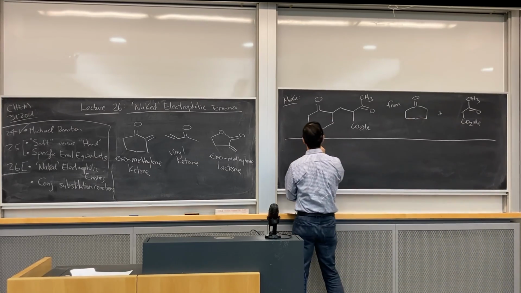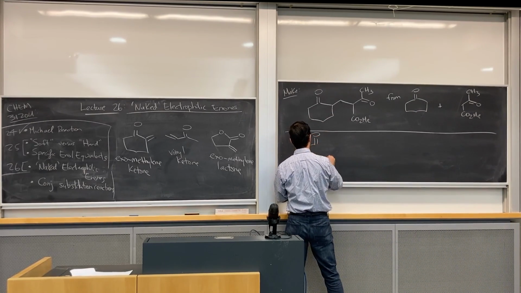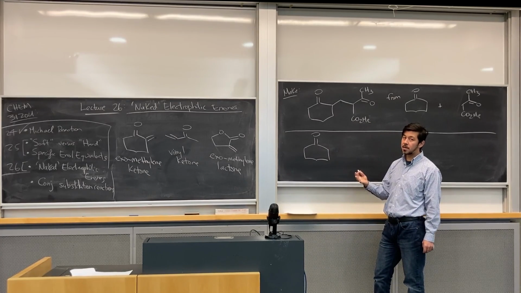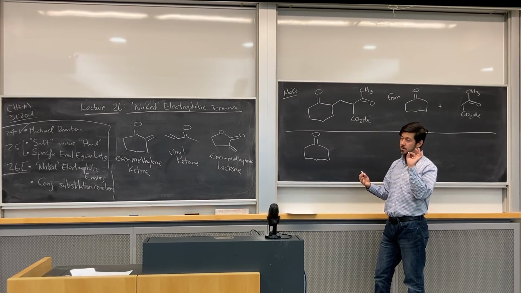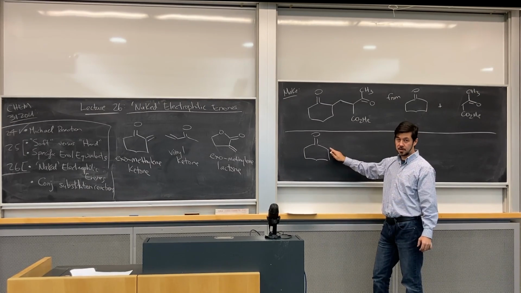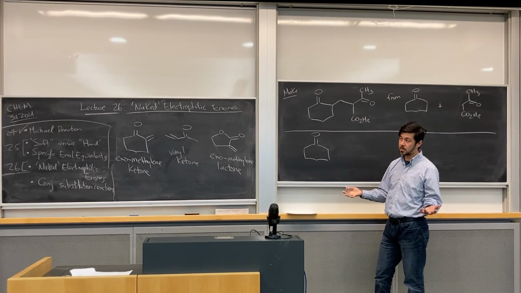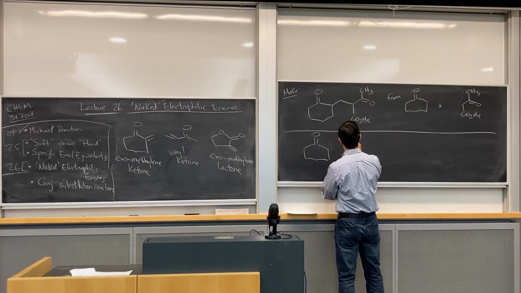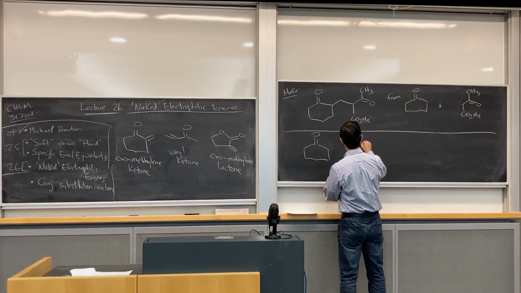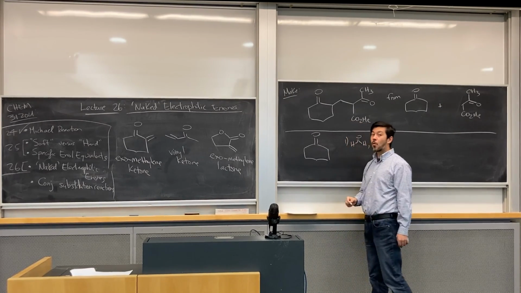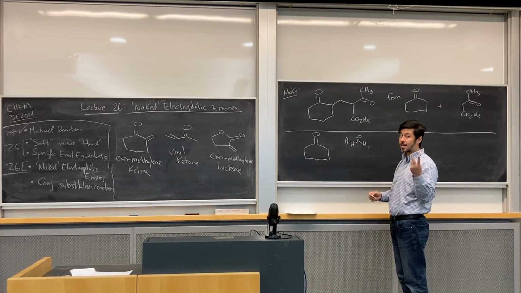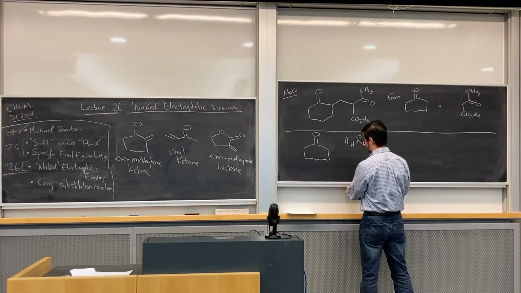So if we start with our ketone, remember, we want to use formaldehyde as our single carbon building block in order to install an extra carbon here, but we have to use the Mannich conditions, because if you just use formaldehyde, you know you'll get that undesired product. Okay, so we're going to use formaldehyde, and the recipe for the Mannich reaction included using a secondary amine with catalytic protons.